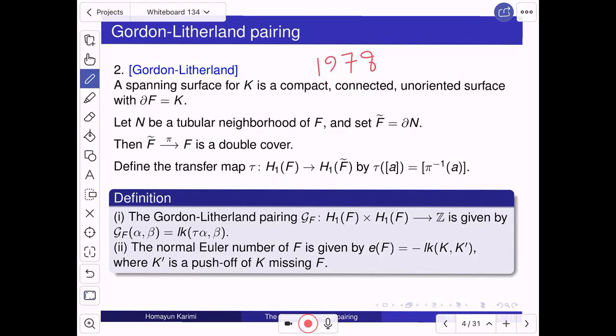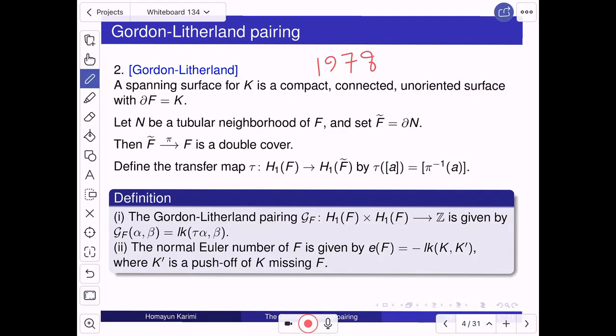Then we take a tubular neighborhood N of the surface, and you look at the double cover of the surface F, which is the boundary of the tubular neighborhood, and the projection pi from the double cover of F to F. Now you can define the transfer map, which is a map from the first homology of the surface into the first homology of the double cover. You take a homology class A, you look at the inverse image of A under pi, and you take the homology class. This is called the transfer map.